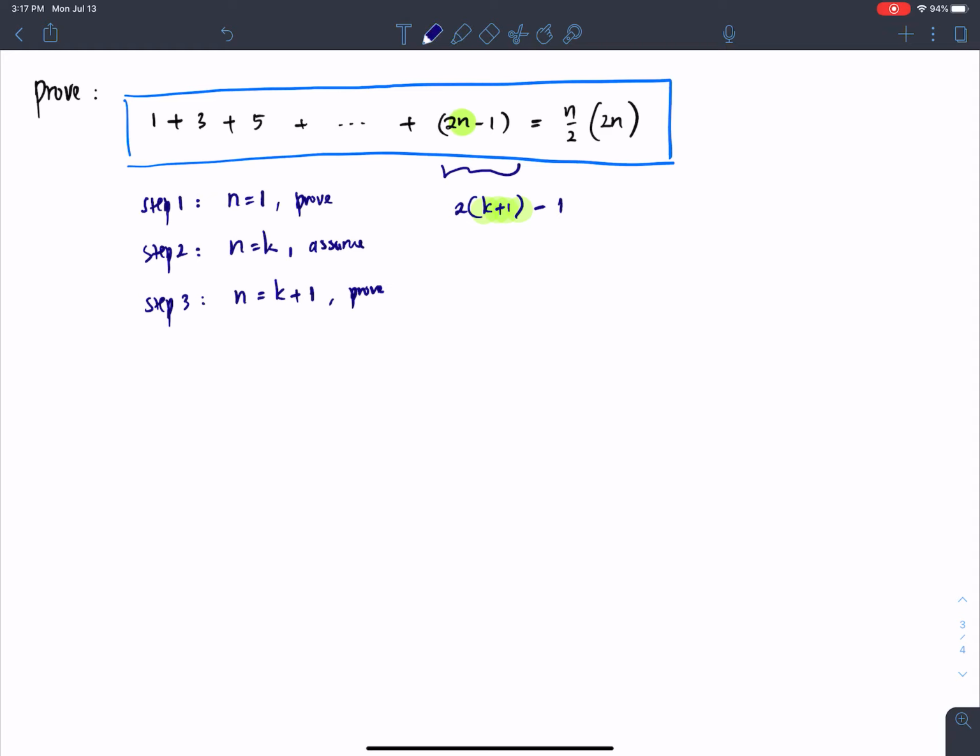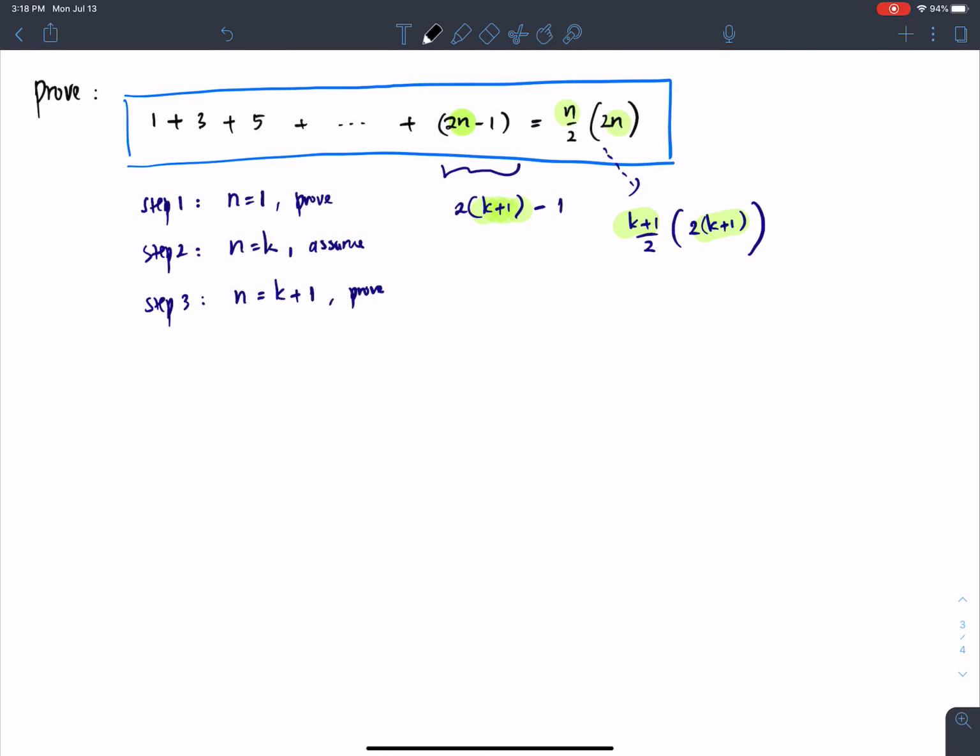The same thing must also happen to the other side. n over 2 times 2n must change to k plus 1 over 2, because n changes to k plus 1, and the one inside the bracket must change to 2 k plus 1, like this. So our final answer will be this form. Okay, so let's do this.